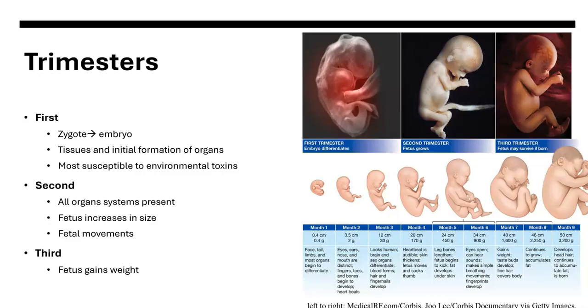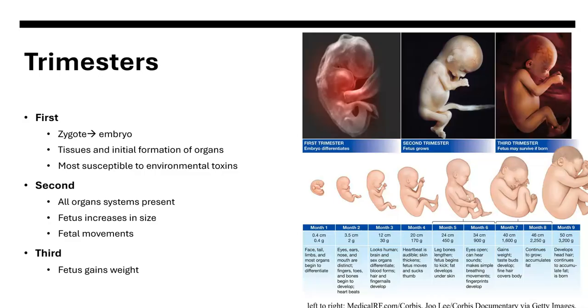Whether it's cigarette smoke, alcohol, or other types of toxins that the mother might be exposed to, that can also be passed on to the child at this point in time. So it can be very damaging to the embryo.